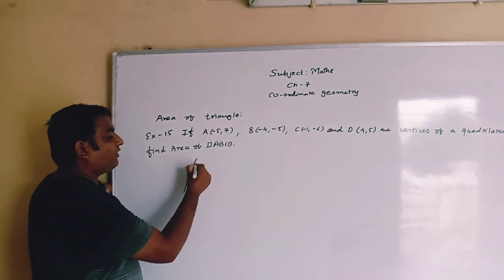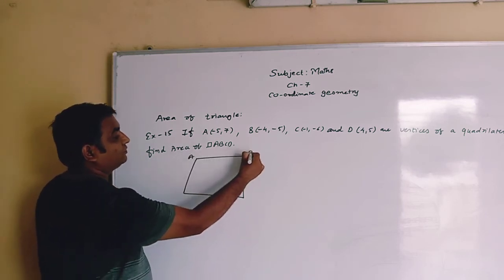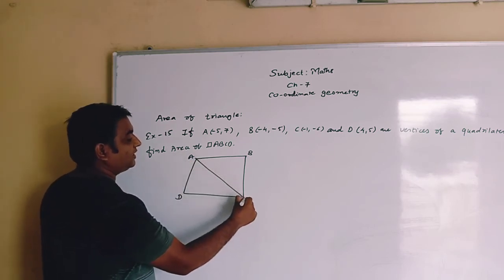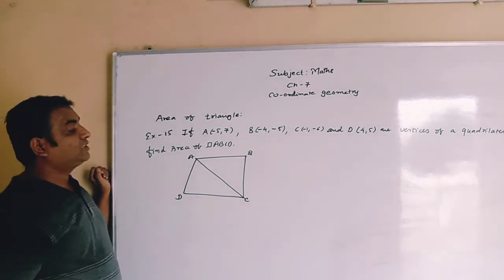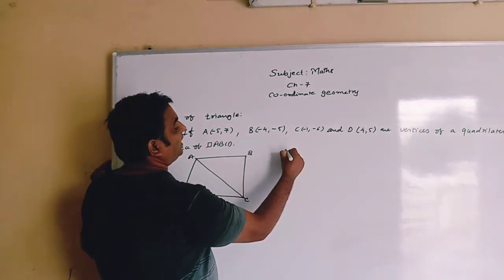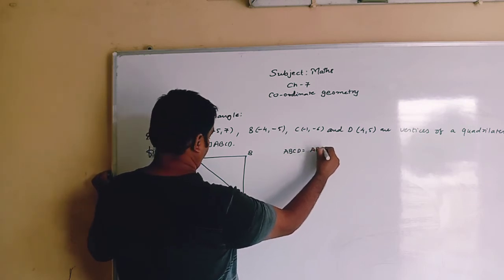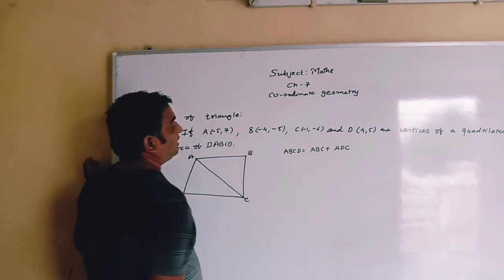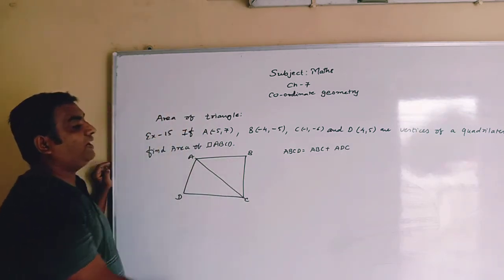So we draw the quadrilateral ABCD, and we draw the diagonal AC, and the quadrilateral is divided into two triangles. So we can write that ABCD equals ABC plus ADC. And so we will find out the area of ABC and the area of ADC.